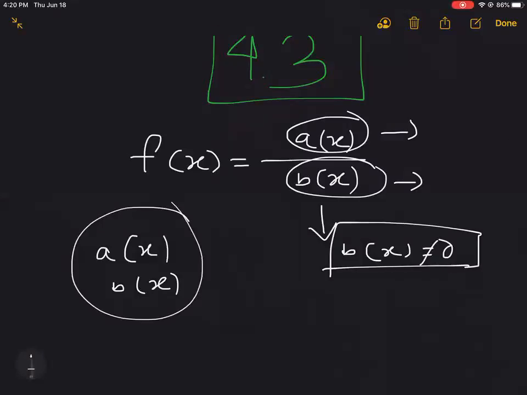Now we want to see how we can calculate the domain of a rational function. How can we calculate the domain of a fraction or a rational function? Fortunately, I think we have discussed this before.